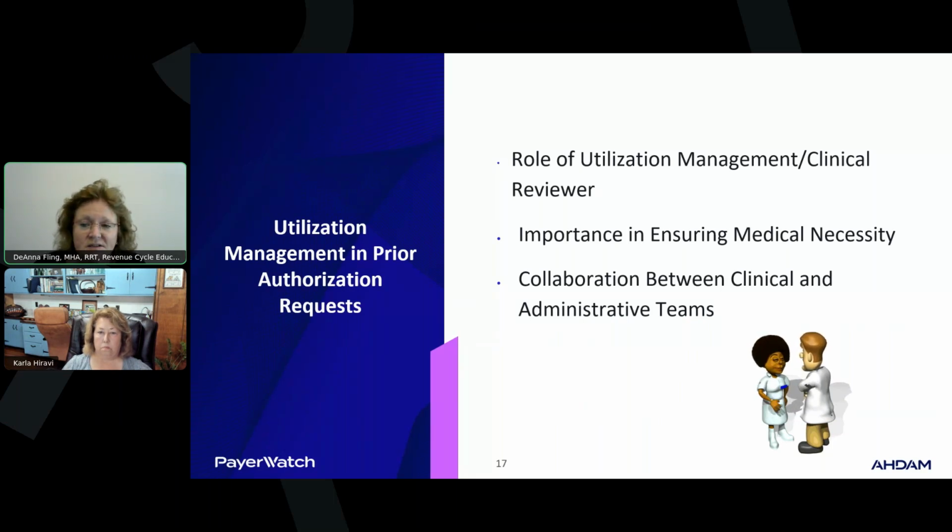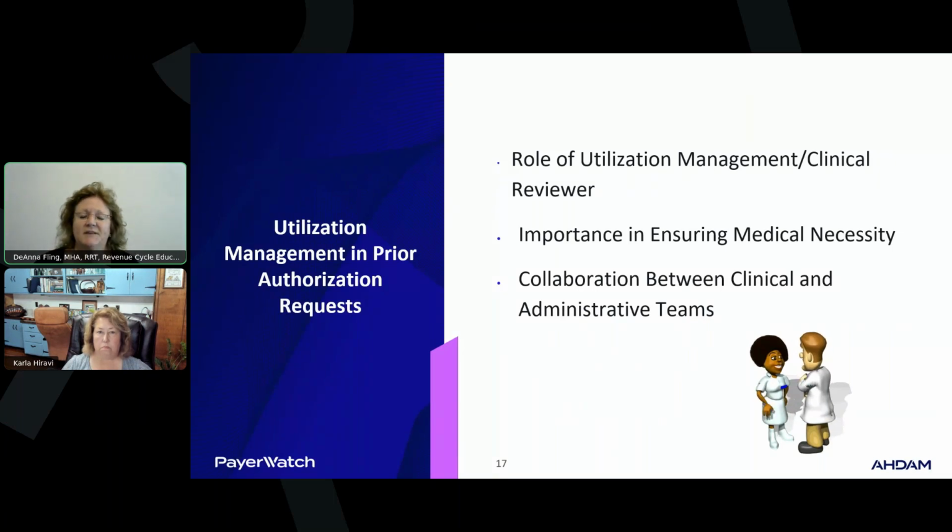And to do what? To ensure that, one, the documentation about the service is well written and appropriate for the service that is provided. And two, to know that they are reviewing the medical policy of the correct insurance.